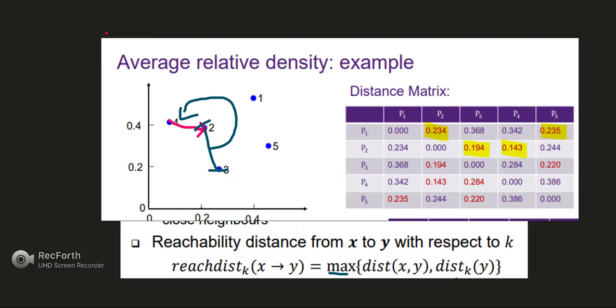So point 1 to point 3 and point 1 to point 4, and also point 3 to point 2 and point 3 to point 5, point 4 to point 3. So these are the two nearest neighbors of each of these points, and you go across the rows to find all those points.